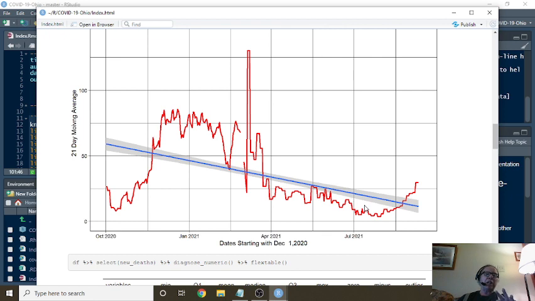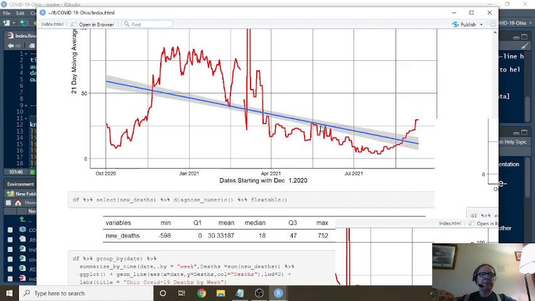They went to recording deaths 5 days a week, but it's not the same 5 days every week. It keeps floating back and forth, which is probably why there is so much choppiness here, because you can't really get the correct number. So what you can see is we begin to have a decline back in the first part of December, and it declined all the way down to mid-July, and now that number's starting to climb back up.